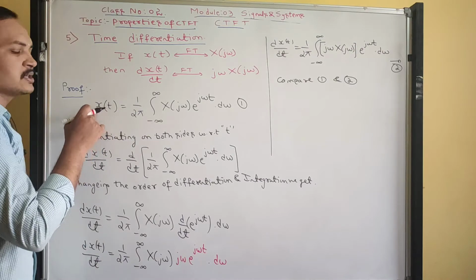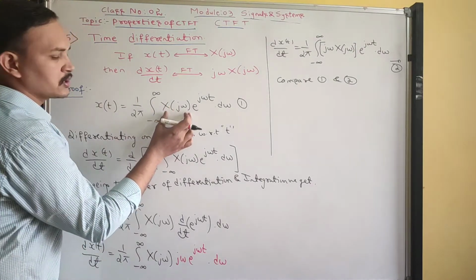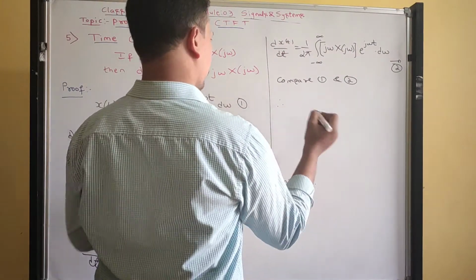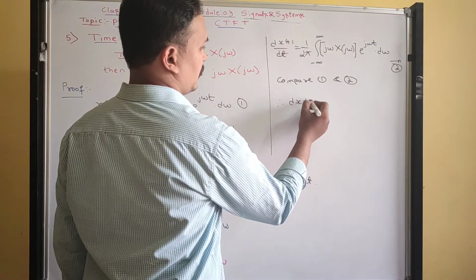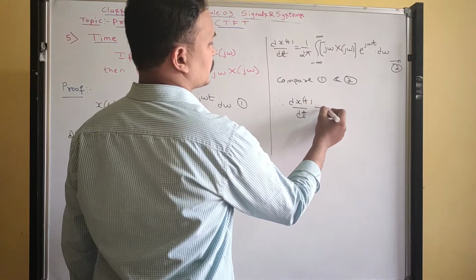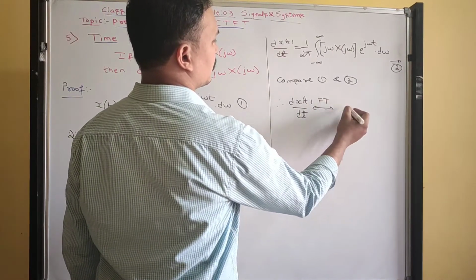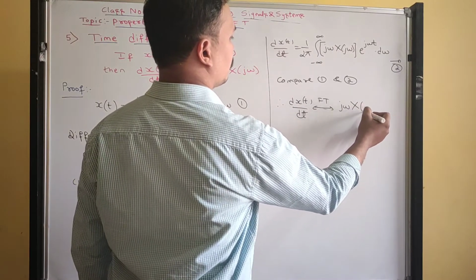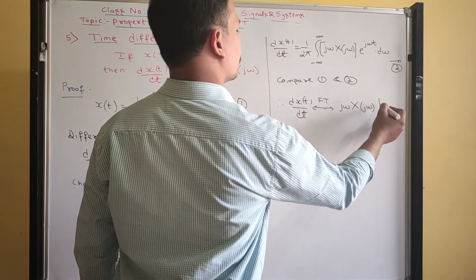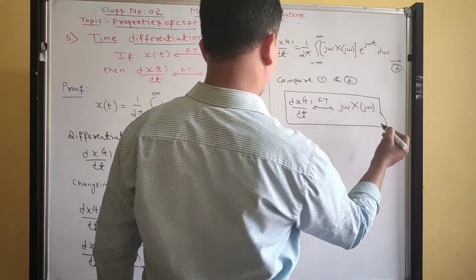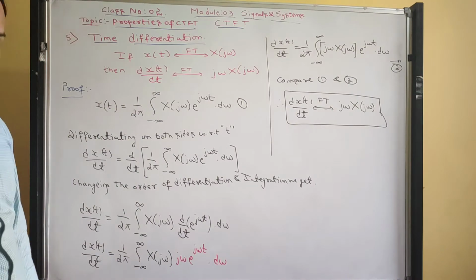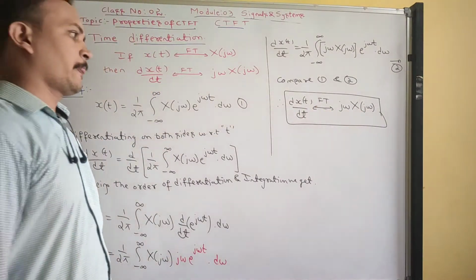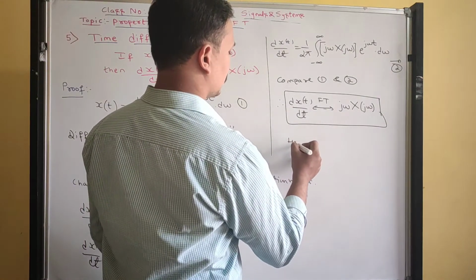So if I differentiate this, the spectrum is multiplied by j omega. Therefore, dx of t by dt has its Fourier transform given by j omega into x of j omega. This is the differentiation property. If you differentiate a non-periodic signal with respect to time, the spectrum gets multiplied by j omega. Hence the proof.